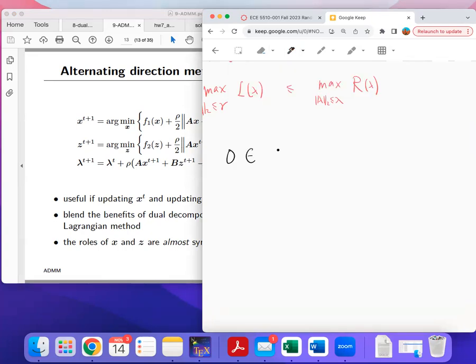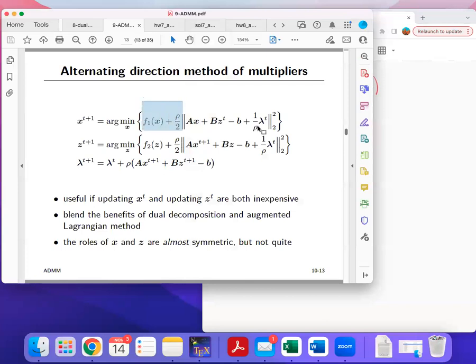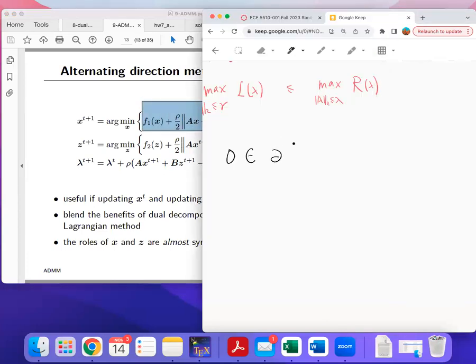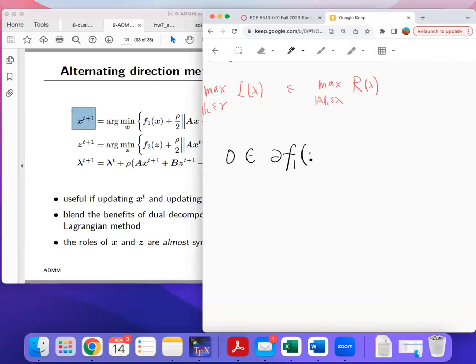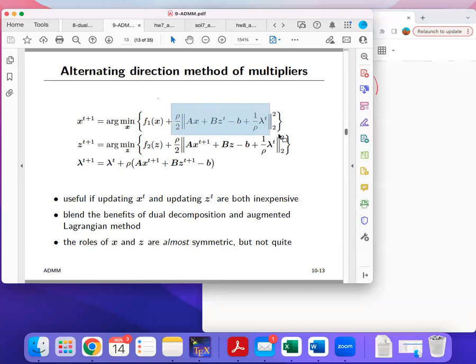For example, for the first one, we must have zero belongs to the subdifferential of these two terms. So zero must belong to the subdifferential of this entire problem evaluated at xt plus 1, because xt plus 1 is defined to be the minimizer. And for the second term, it's just taking the derivative of this quadratic term.